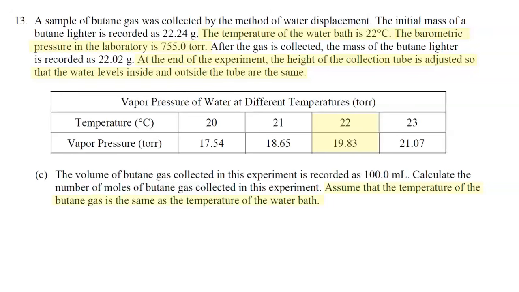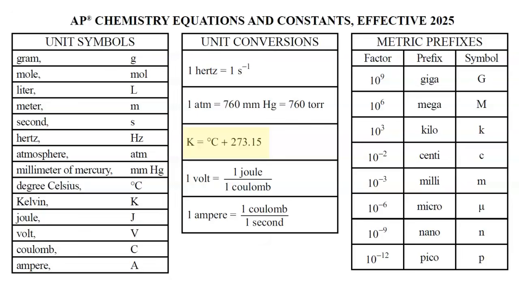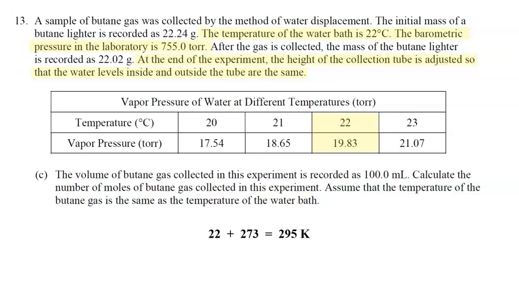So those 3 variables would be temperature, pressure, and volume. So we have the temperature of the water bath, and that is in degrees Celsius. So we're going to add 273 to the Celsius temperature. So 22 degrees Celsius plus 273, that's 295 Kelvin. And it says assume the temperature of the butane gas is the same as the temperature of the water bath.